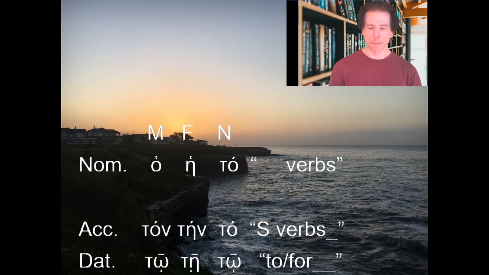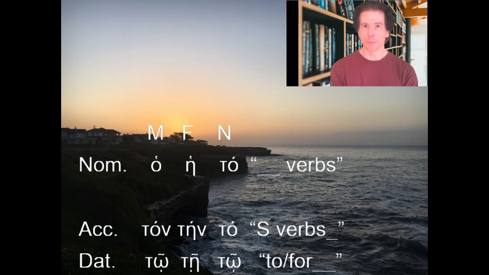Let's talk about, as you're reading, how are you going to recognize these? Start memorizing this and get these memorized now, and it's really going to help you when you start learning the endings of different nouns and adjectives and their case endings, because these case endings for the definite article are going to match those for other declensions that we're going to learn.